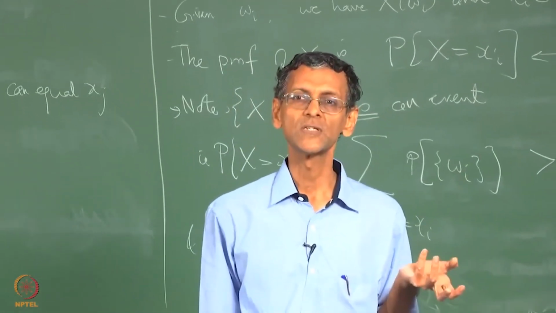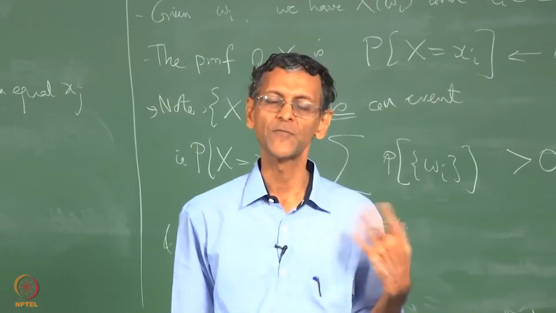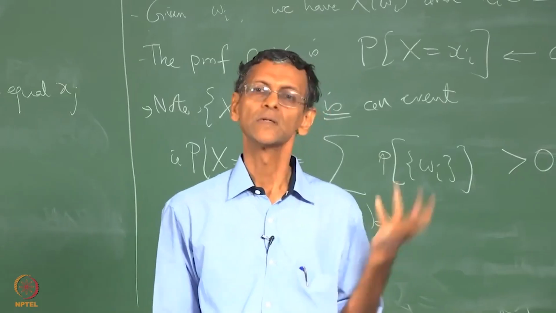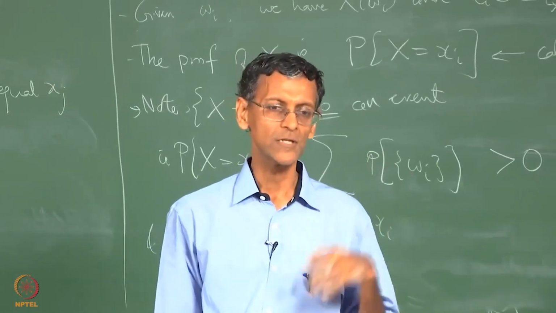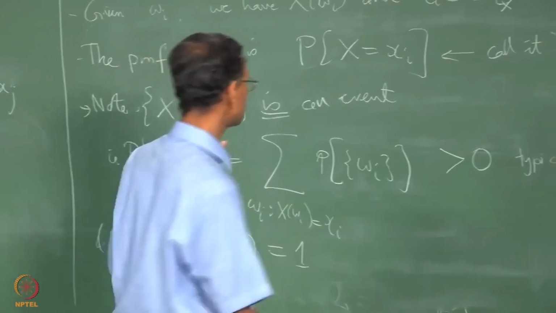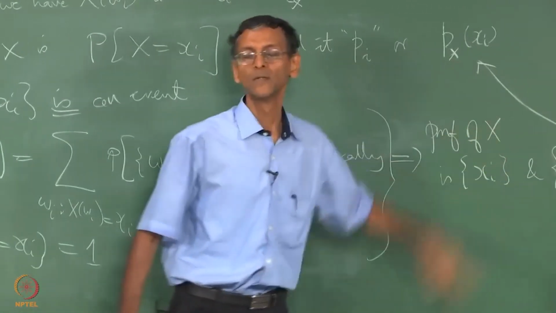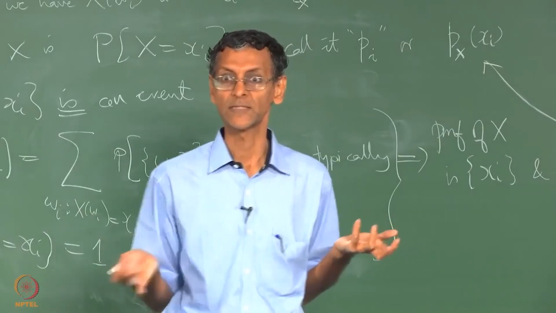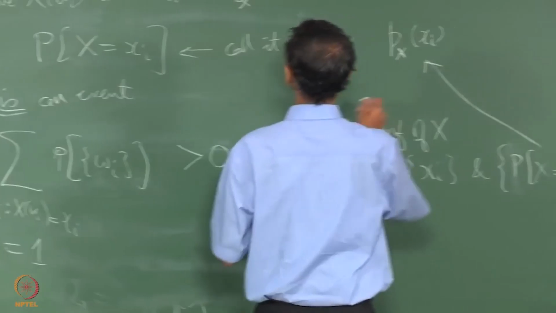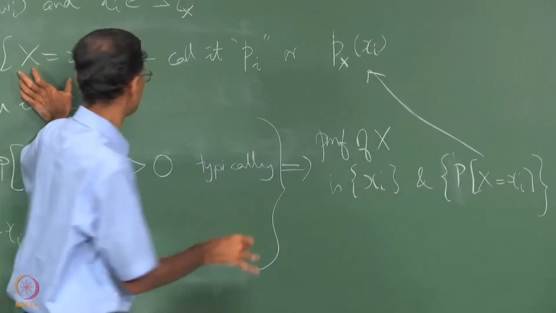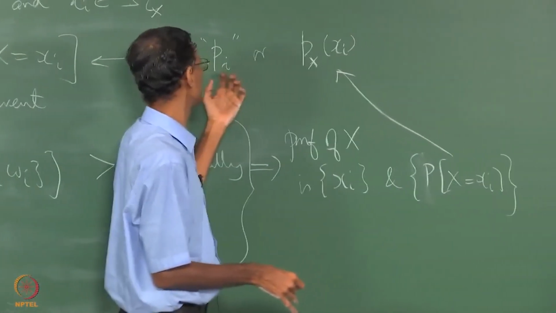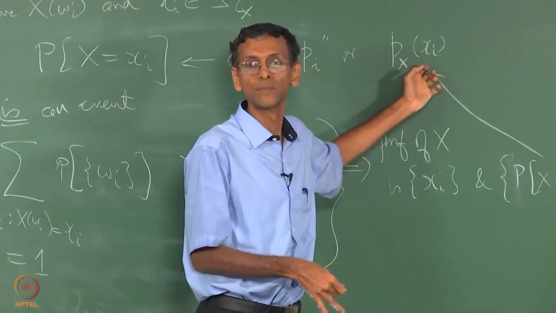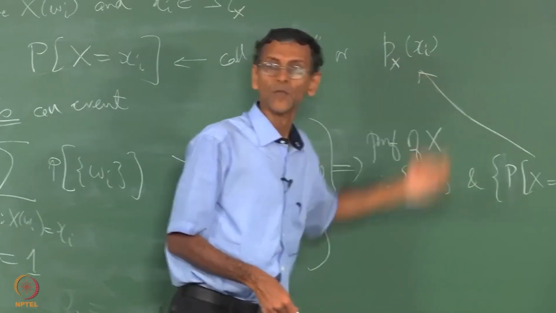If X and Y are two different random variables defined on the same experiment, their PMFs are going to be different, so you have to have some notational difference between them, and we get that by subscript. You put P y for the PMF of Y and P x for the PMF of X. Sometimes you may write this probability as P i for short, but if you want to be more explicit about the role of X, you must write it like this.